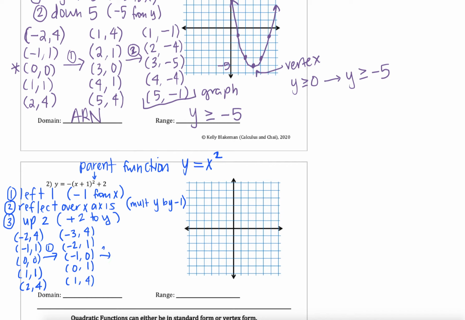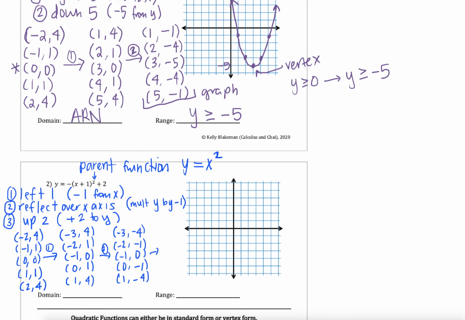For our second transformation, I'm reflecting over the x-axis, so I'm multiplying all the y's by a negative. I'm going to rewrite those x coordinates and then multiply all the y coordinates by a -1. So the 4 will go to -4, the 1 will go to -1, 0 will still stay at 0, and then the 1 will become a -1, and again the 4 will become a -4.